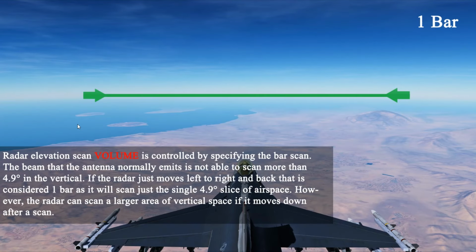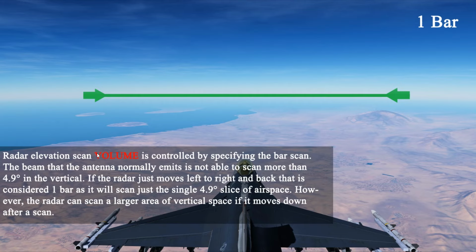All right, so a more detailed look at what 1 bar means. In a 1 bar scan, so this is your aircraft looking out right in front of you, the radar elevation scan volume, once again this is very important, and you'll see why in a second, is controlled by specifying the bar scan.